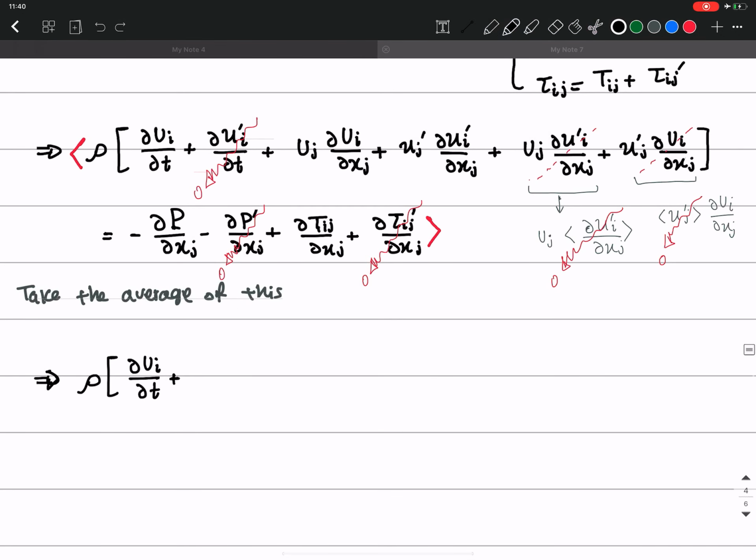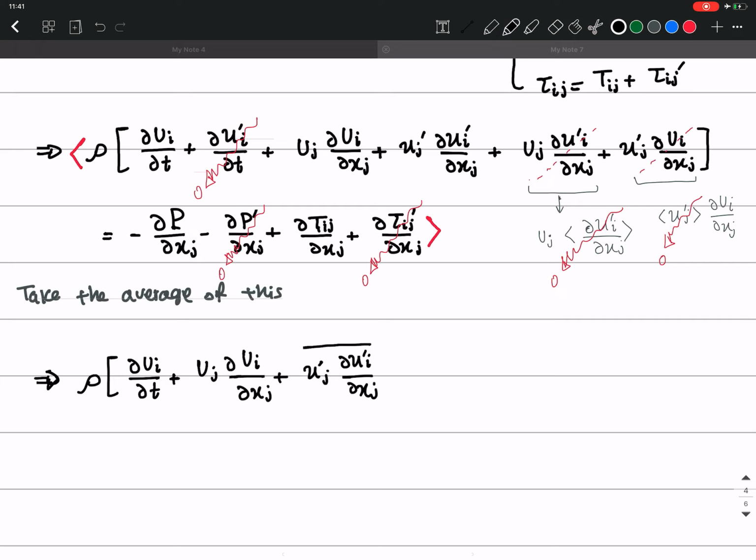So we are going to have uj partial ui over partial xj plus u prime j partial u prime i over partial xj, and this is an average, so I just show it with a bar.